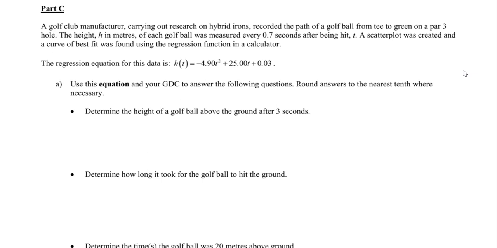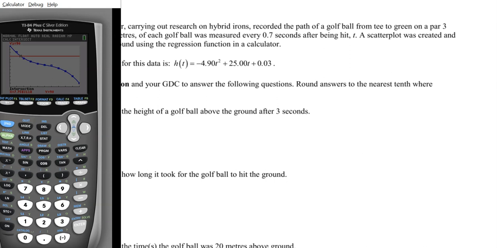This is like the Yellowstone bear study data. We entered the data, we ran the regression. Here's the equation. Using this equation and your graphing display calculator to answer the following questions, round answers to the nearest tens where necessary. So we are given an equation.